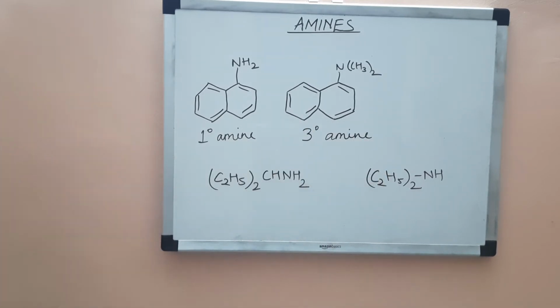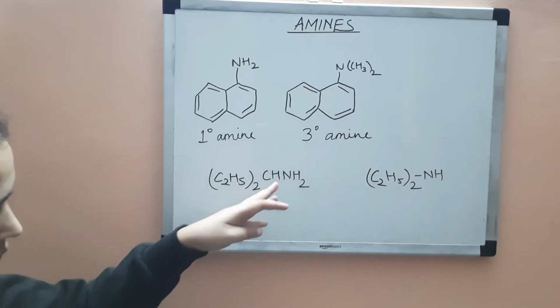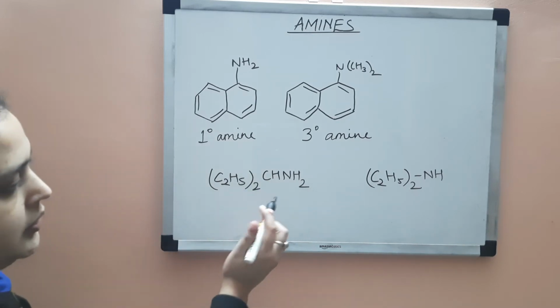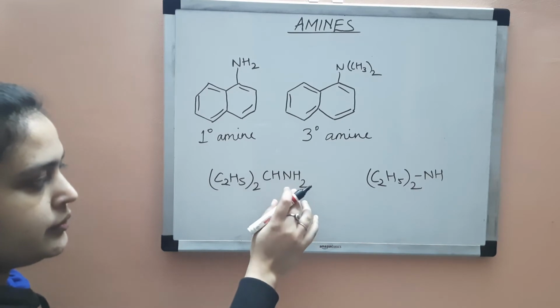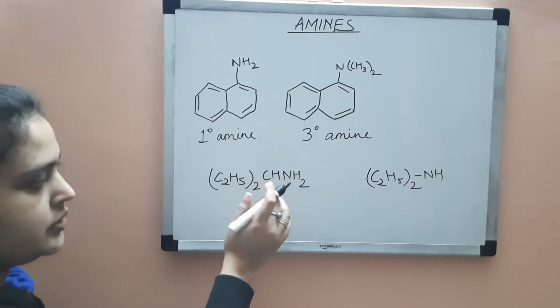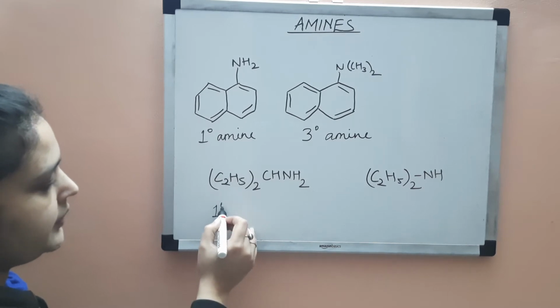So these all are derivatives of ammonia. Now in this compound, one hydrogen is replaced by the alkyl group and two hydrogen atoms are still attached to the nitrogen atom. So one hydrogen is replaced, and therefore it is again a primary amine.